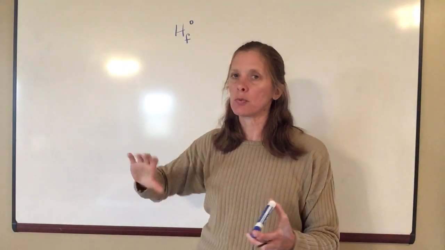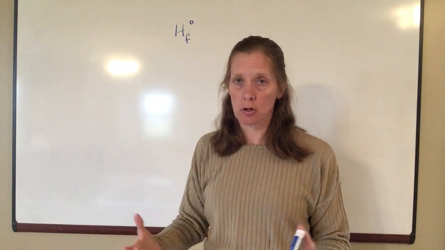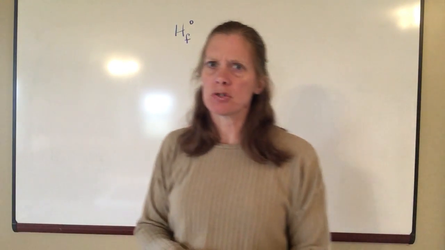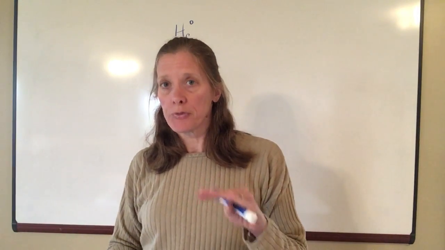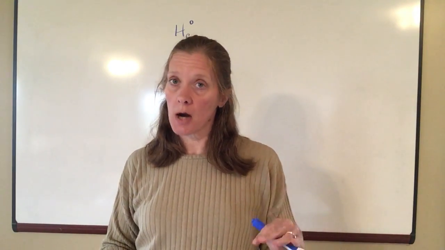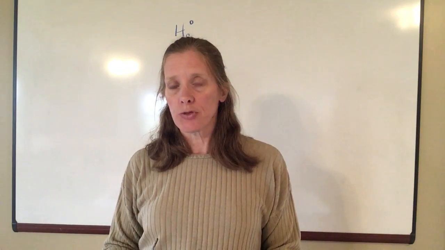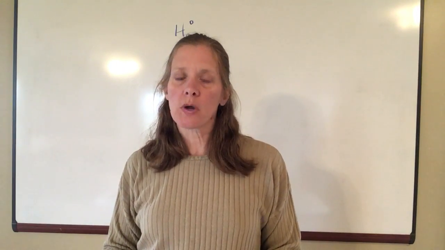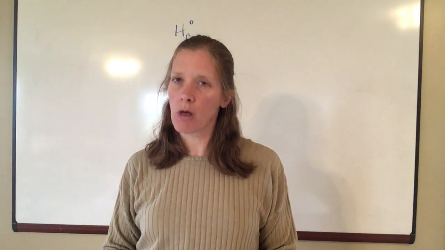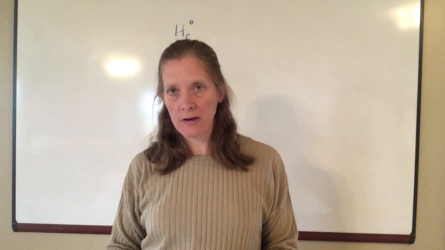And so everything that we're doing is at a standard temperature, which is going to be room temperature. I believe it's 25 degrees Celsius. So that is enthalpy of formation. And again, there are charts in your book where you can find standard enthalpies of formation for a variety of different compounds. And we're going to use something called Hess's law to determine the change in enthalpy for a reaction.